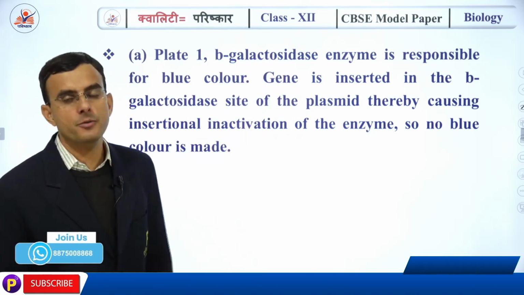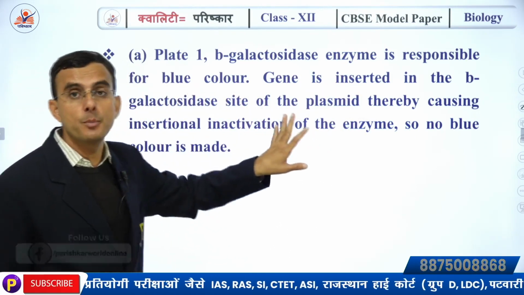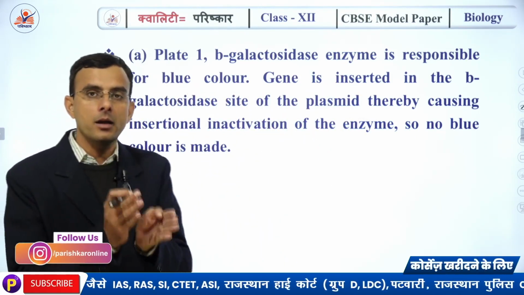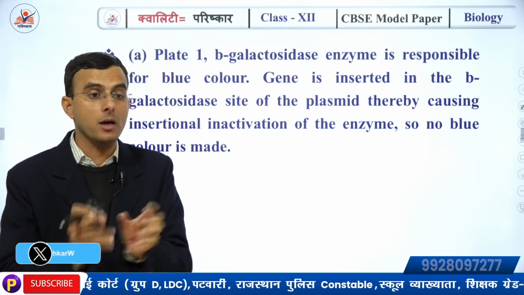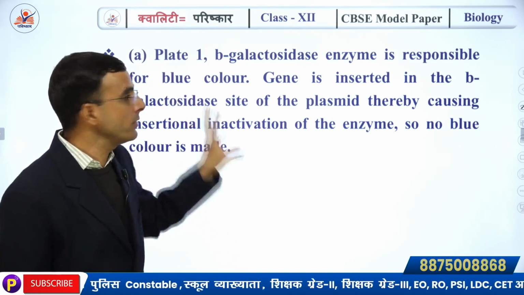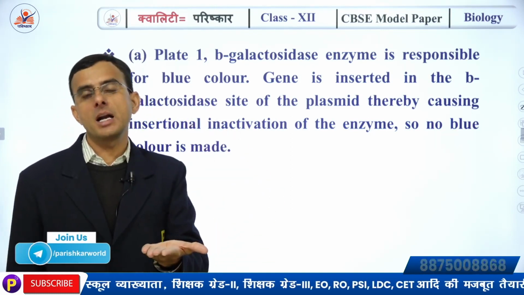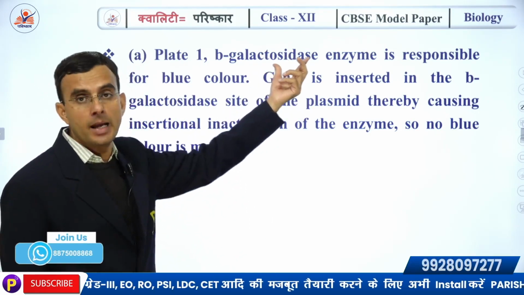And what is the role of this one? The enzyme is responsible for the blue color. That means this enzyme converts a product into a particular product which gives the blue color. If that gives the blue color, then we are able to identify that this is the beta galactosidase enzyme.